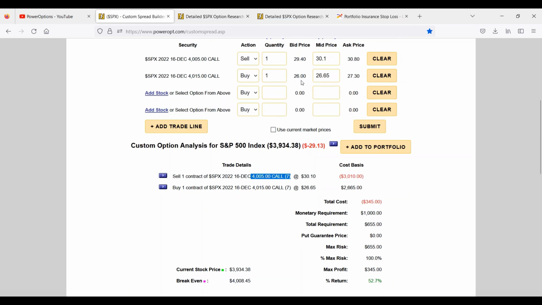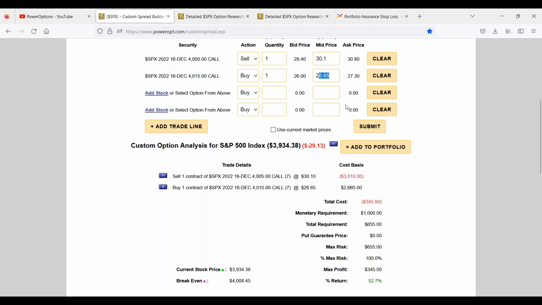The parity trade. Now, these bid-ask spreads, again, $1.30, not too bad. $26 to $27. $1.30 difference is not too bad. $29.40 to $30.80, we're at $1.40. Midpoint, I believe, getting close to 30.05 or 30.10. Selling to open the 4,005 call is feasible, not out of the realm of possibility. 4,015 call at 26.65, 26.70 buy, not unfeasible.